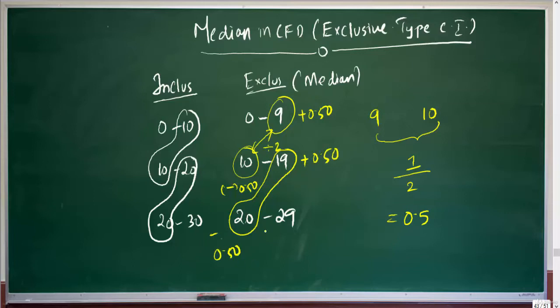In this process, your higher limit is 9.5 and your lower limit is also 9.5. So you make a continuous relationship, because the exclusive class interval now becomes inclusive class interval, then it becomes the routine. Then we can find the median in the usual way using the formula. Let's proceed.